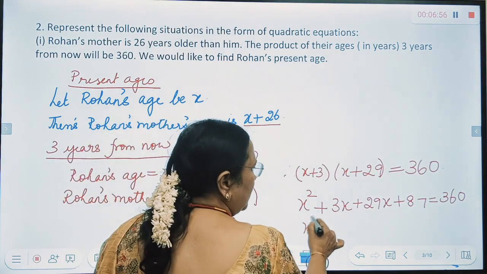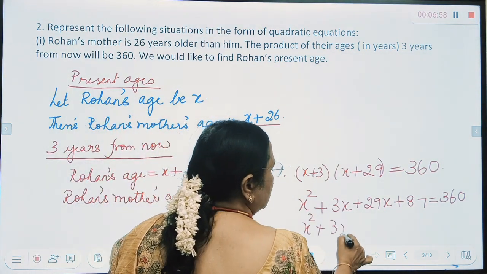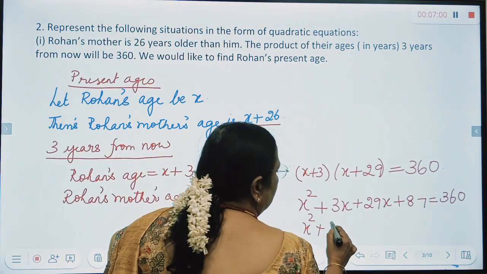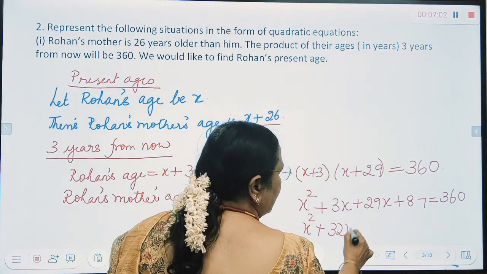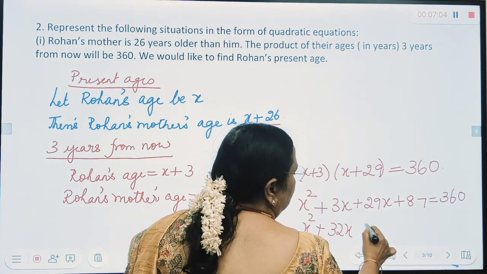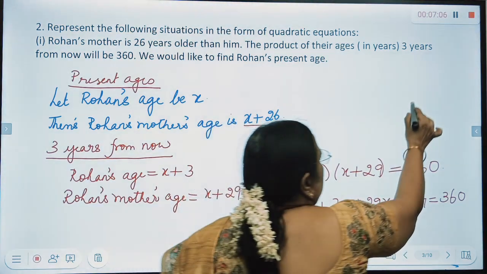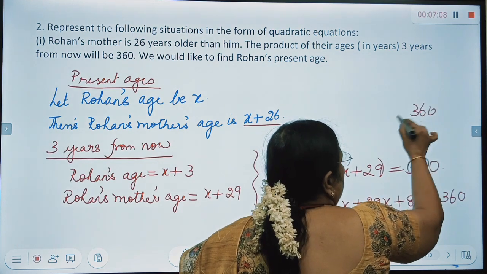So x square plus 32x minus, 360 minus 87.